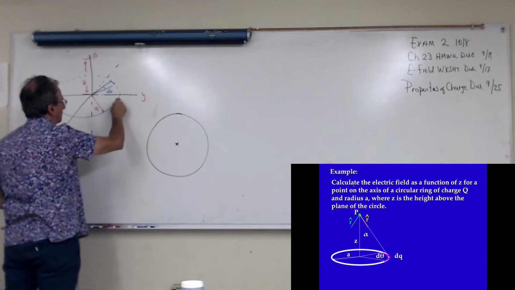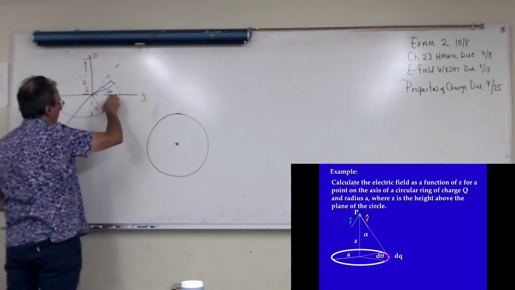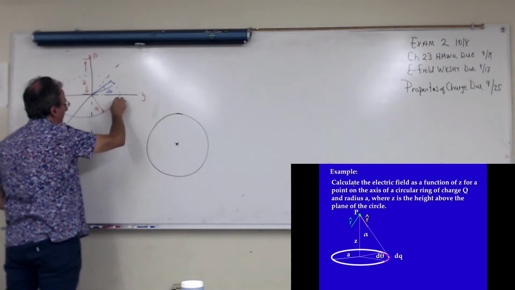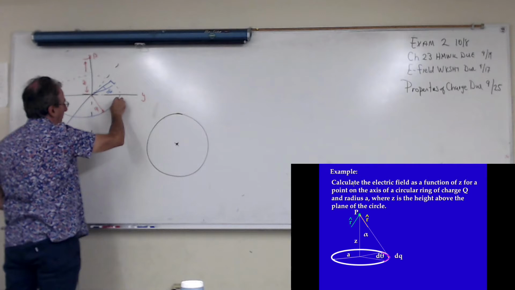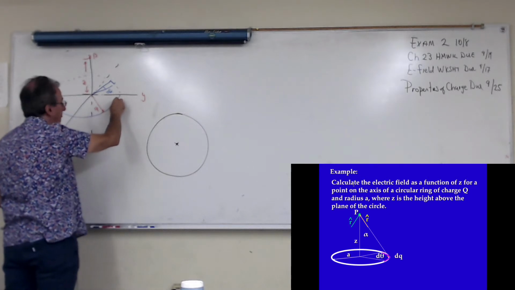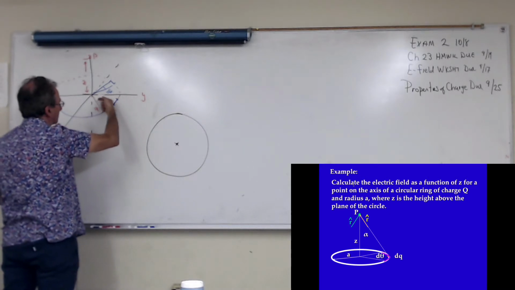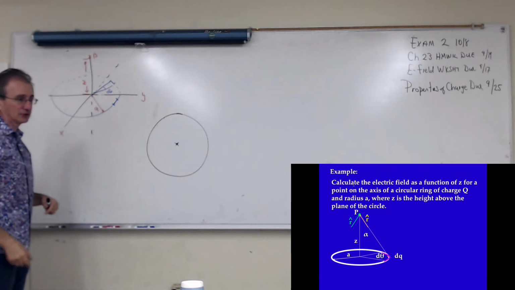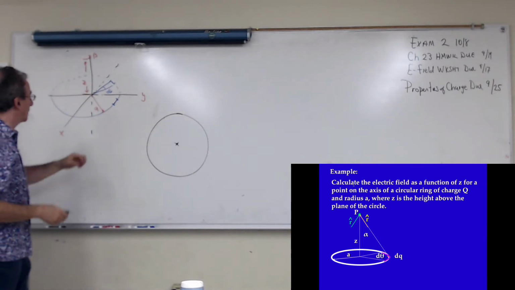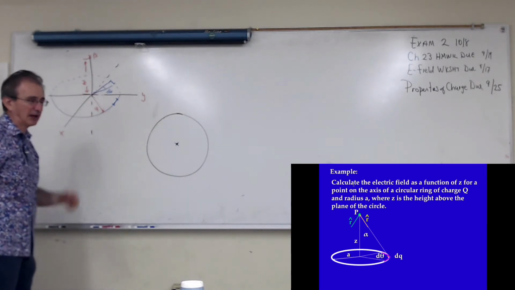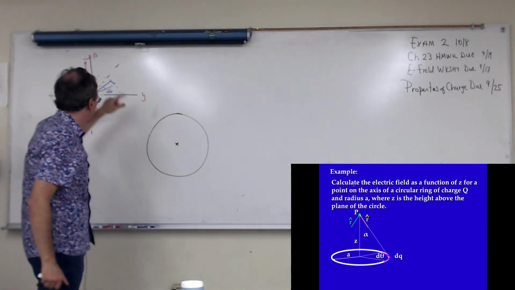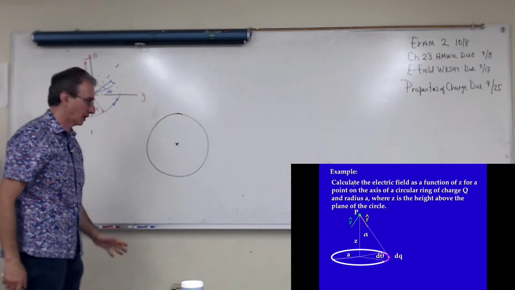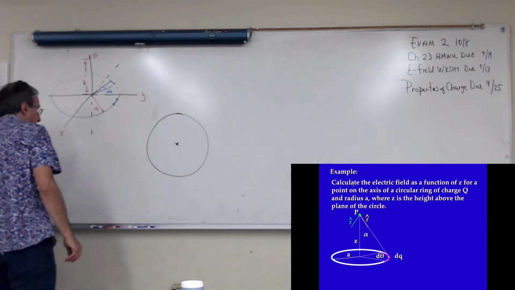For this piece, the z component is the same, but the x and y components point that way. So these two arrows point in different directions. The x and y components do change, and that's why I'm breaking this up into little tiny pieces. But I know that when I integrate around the ring, the x and y components will cancel.